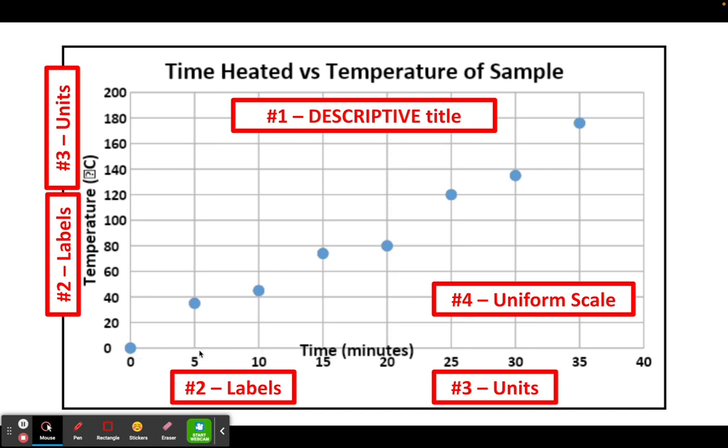The lines are equally separated, and each line represents an increment of 5, right? So 0, 5, 10, 15, 20. So it's a uniform scale, and you'll notice that the y-axis has the numbers going up by 20. So 0, 20, 40, 60 degrees, 80 degrees, 100 degrees, and so on.